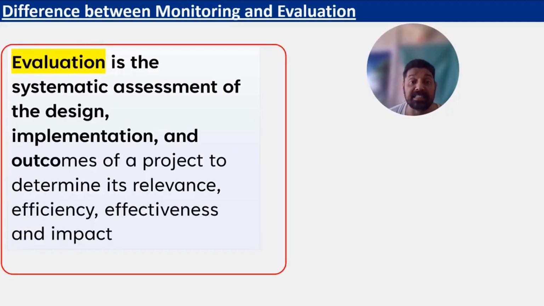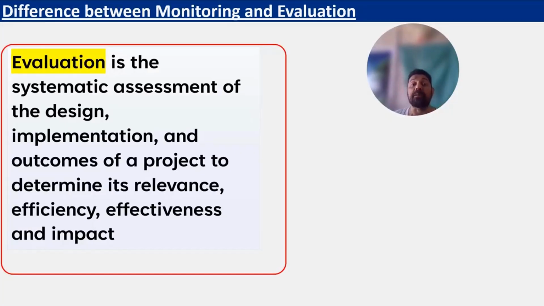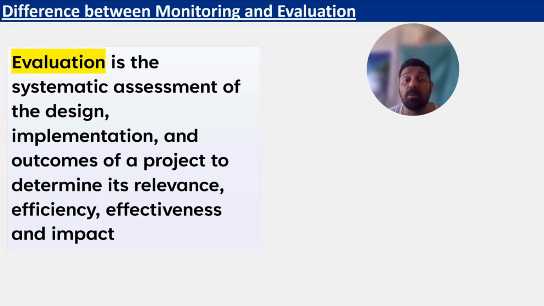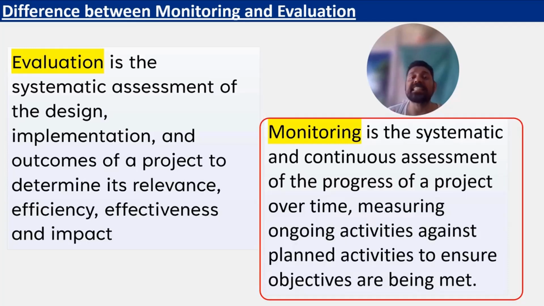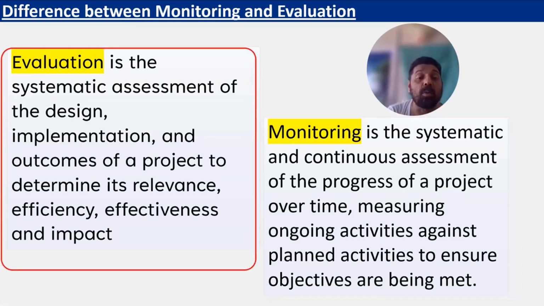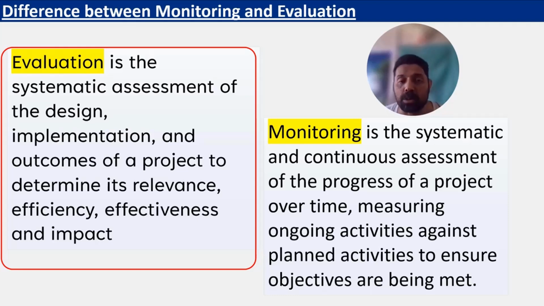Evaluation is the systematic assessment of the design, implementation, and outcome of a project to determine its relevance, efficiency, effectiveness, and impact, while monitoring is the systematic and continuous assessment of the progress of a project over time. So in monitoring, you are focusing on the progress of activities, indicators, and project, while evaluation is the systematic assessment of whatever monitoring you have done so far.